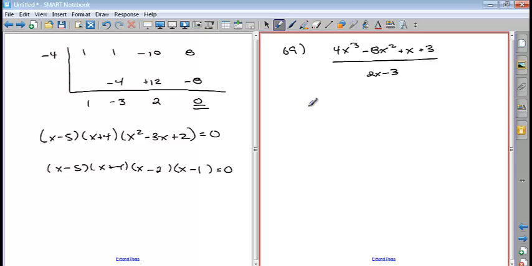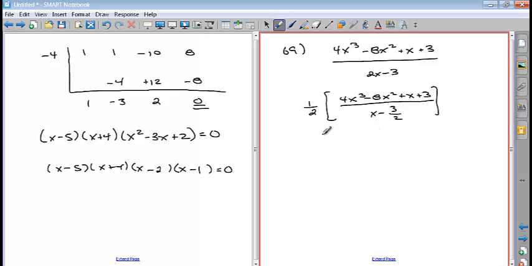So how would we do that? What it would be is 1/2 times 4x cubed minus 8x squared plus x plus 3 divided by x minus 3/2.